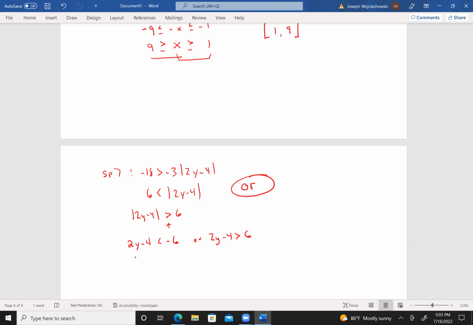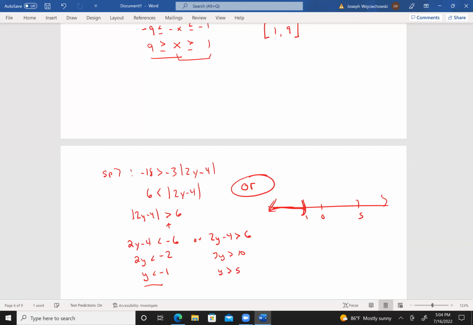So add our 4 to both sides. 2y is less than -2. Y is less than -1. Or 2y is greater than 10. Y is greater than 5. Looking at my graph, -1, we have a 0, and we have our 5. This is saying less than -1, but not equal.